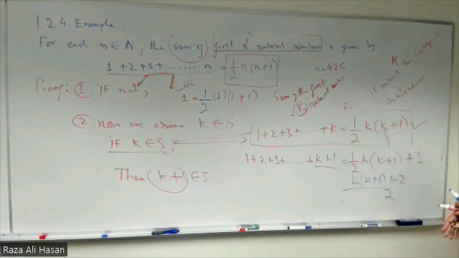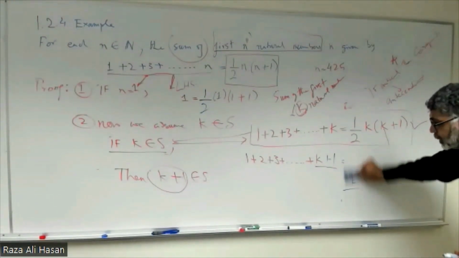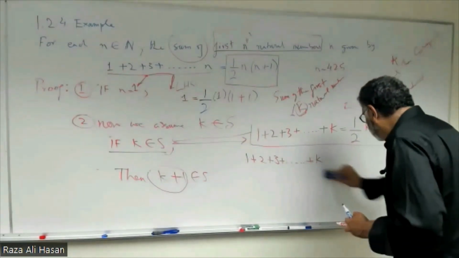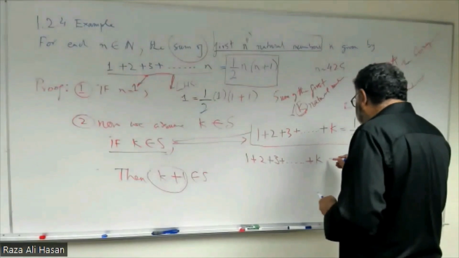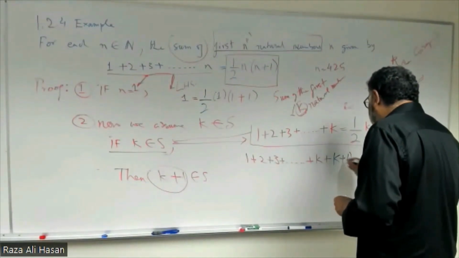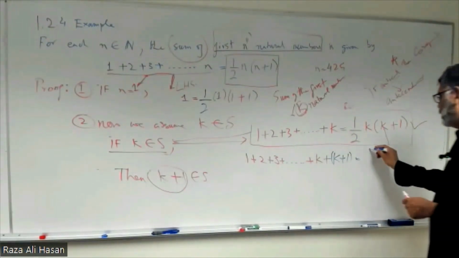So what the book does is this. So this may work, probably doesn't, because the book doesn't use it. It says just add k plus 1, this whole thing, to the right hand side.